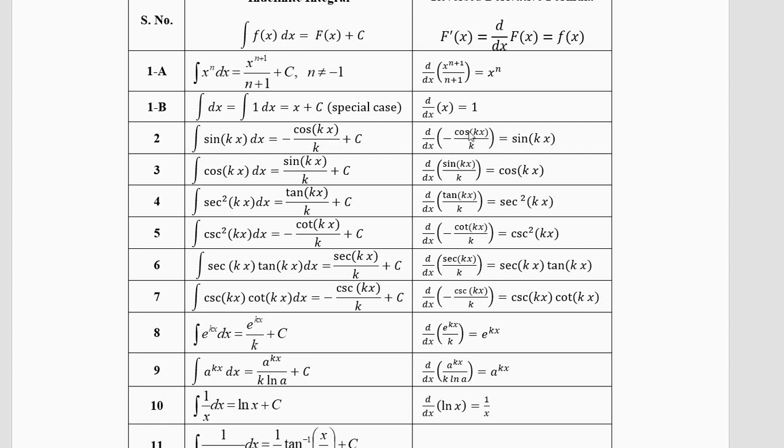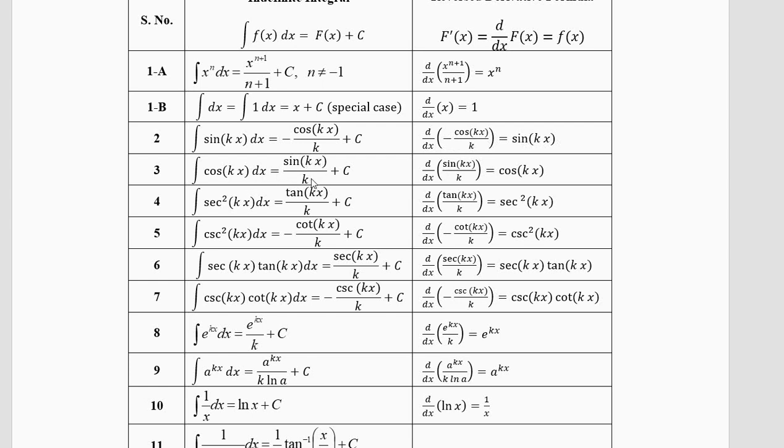Cosine differentiation is sine kx with the minus sign, it is minus sine kx into derivative of kx, which is k. So minus into minus gets cancelled, that k gets cancelled, you will get sine kx.